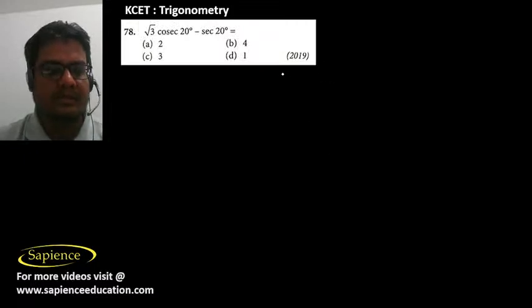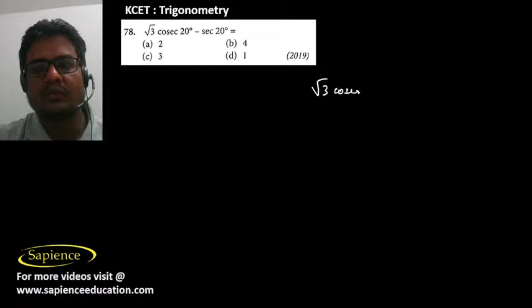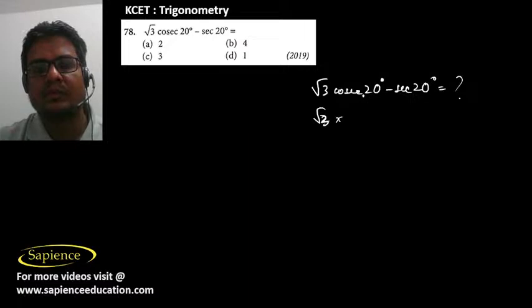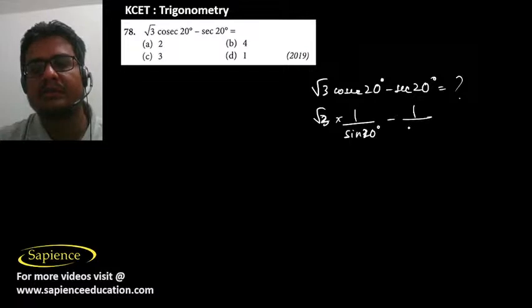Then in question number 78, it has been told that root 3 cosec 20 degree minus sec 20 degree is equal to how much? So this is root 3 into cosec 20, which I can write as 1 by sine 20, minus 1 by cos 20.